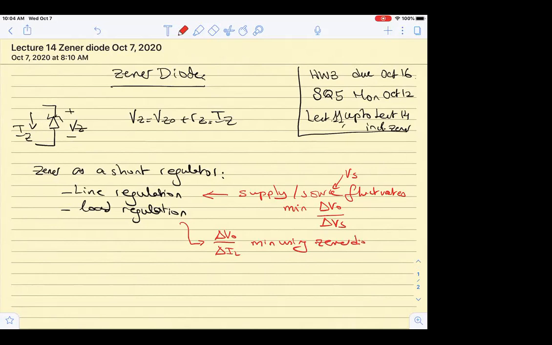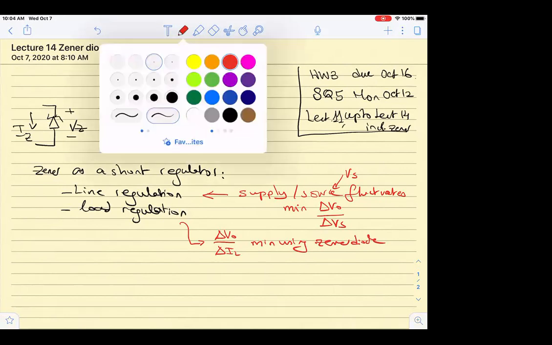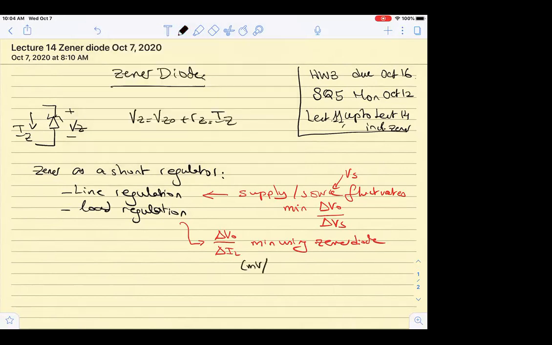So this is a quantity that we measure in millivolts per milliamps, and the top one is a quantity which we measure as millivolts per volt. Typically, the Zener output has small fluctuation compared to the supply signal fluctuation.